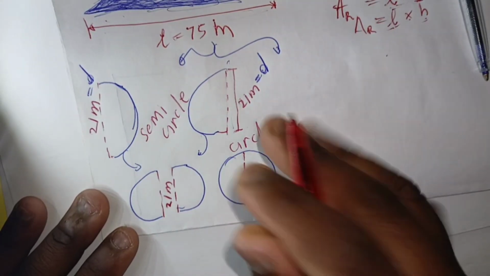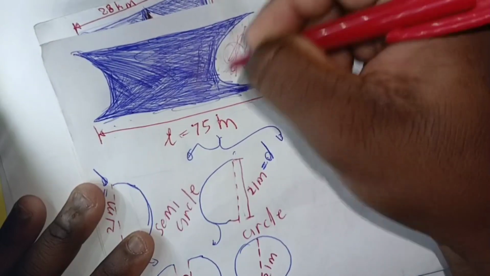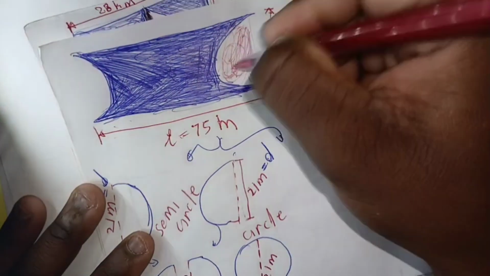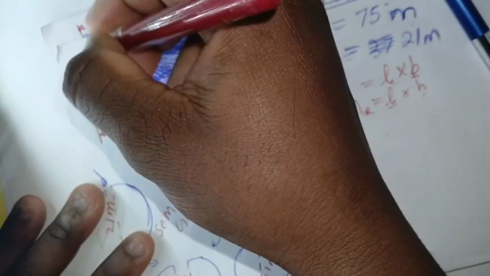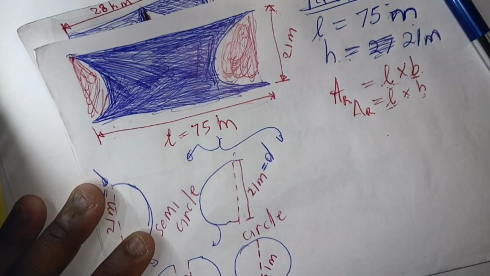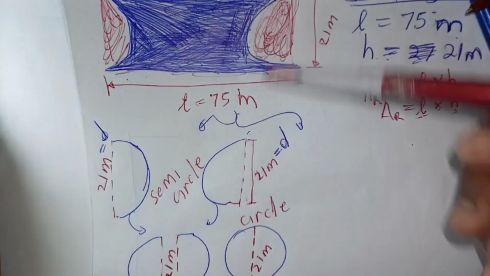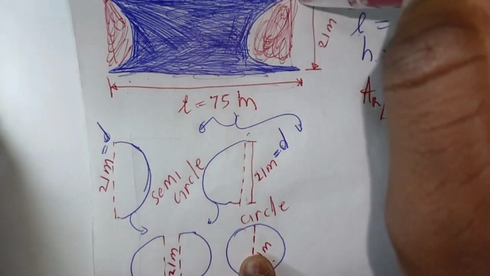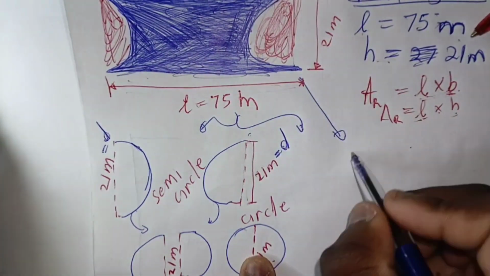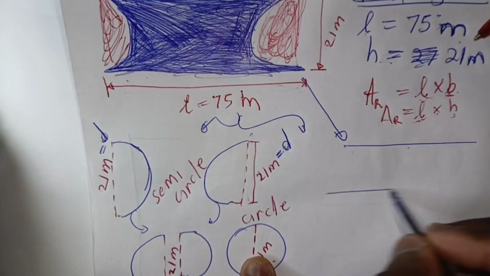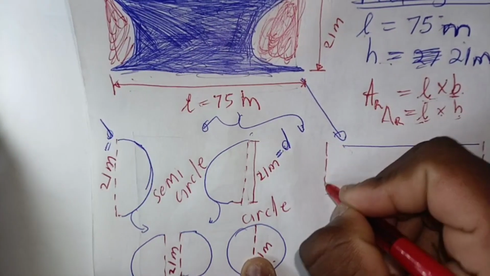Do you see? So all this part and also all this part, these two parts form a what? A circle. And now this one is just a rectangle, which is not joined.